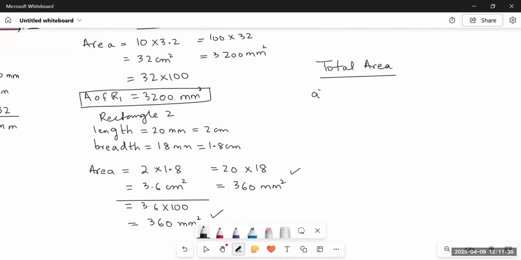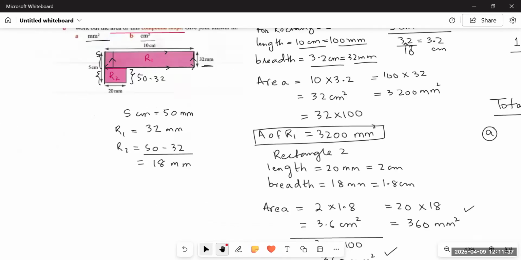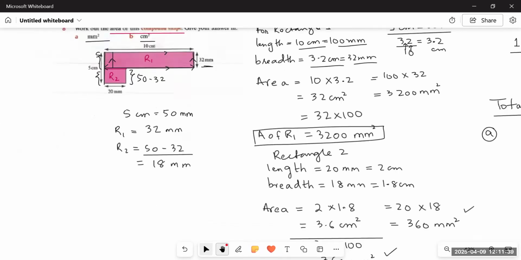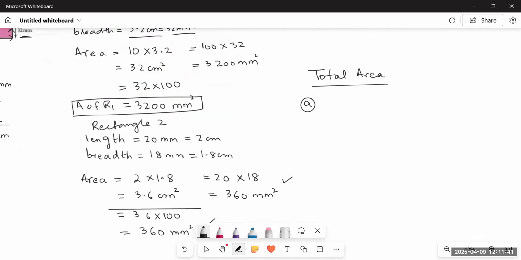In part A, we have to find out the total area in millimeter square. So we will take the figures in millimeter square, which will be 3200 millimeter square for R1 and 360 millimeter square for R2, which will be 3560 millimeter square.